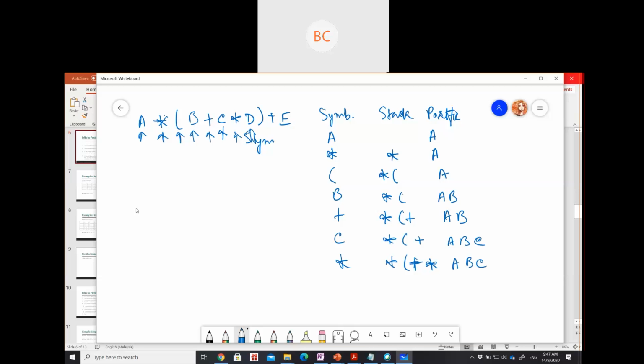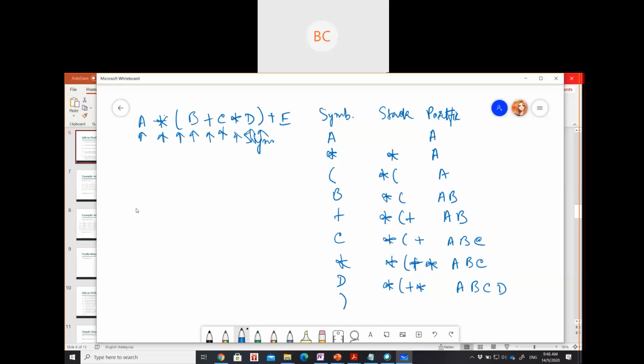Next symbol is your D. Okay, so this will remain the same and you will put it here. Next symbol is your closing bracket. Alright. So now you got a closing bracket.